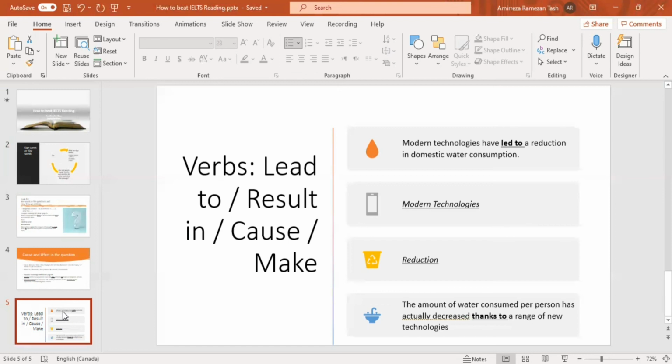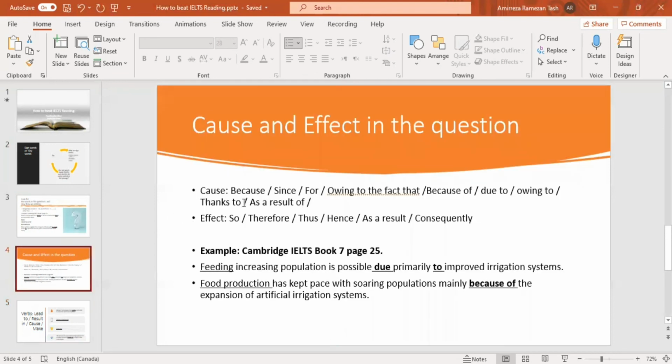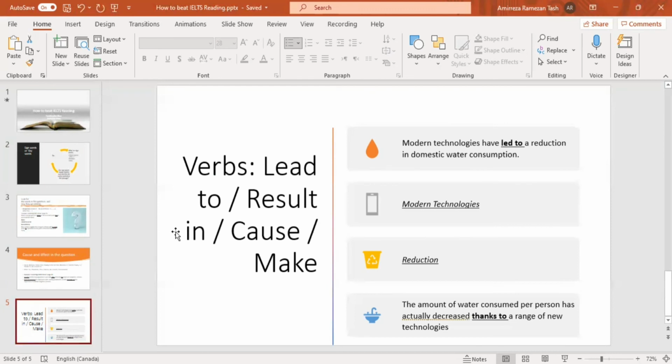As you see here in the question, a verb is used to show cause and effect, but what we find in the text is not a verb, it is actually a linker. So when you're looking for ideas, especially for cause and effect, the text can give you linkers of cause, like because, since, or linkers of effect, like so, therefore, or you can find verbs conveying the same meaning.